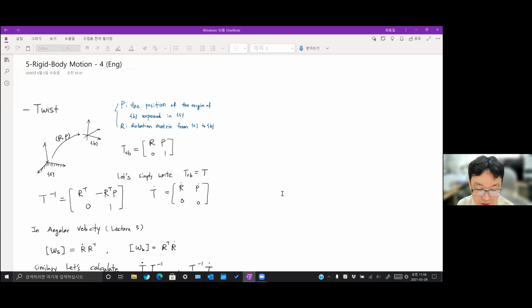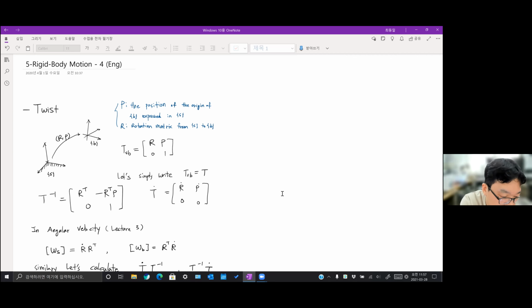Last week, we learned about rigid body motion, and the basic concepts were homogeneous transformation and orientation using rotation matrix.